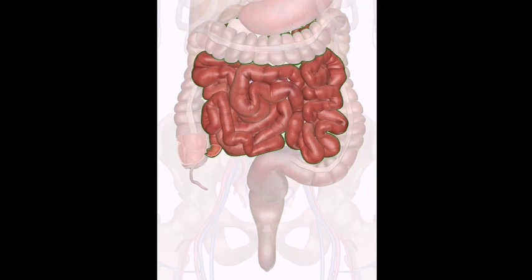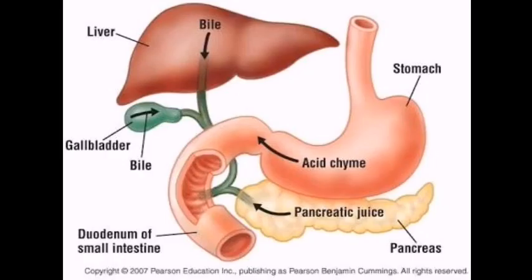Small intestine is a highly coiled tube which is about 6.5 to 7.5 meters long. The partially digested food from the stomach enters into the small intestine, where the liver and pancreas secrete the digestive juices. Liver is the largest gland in our body.